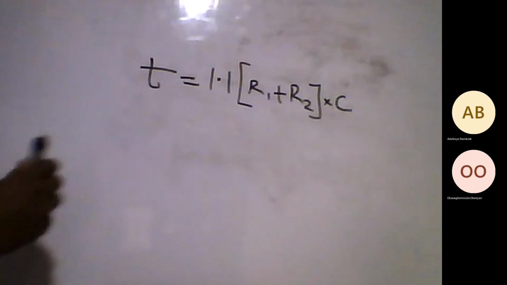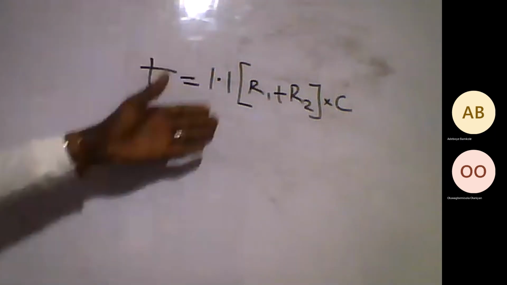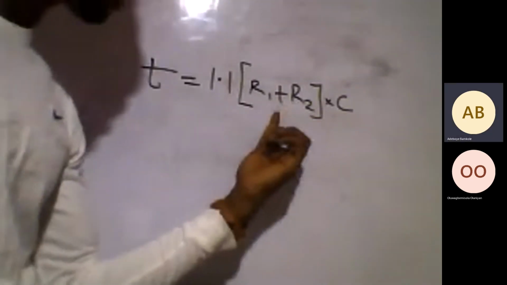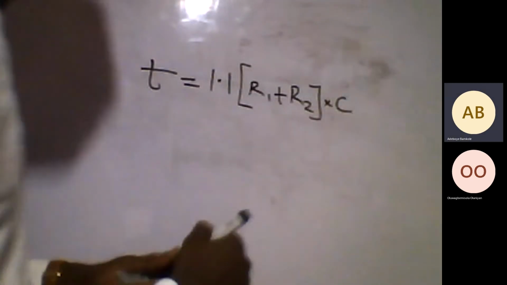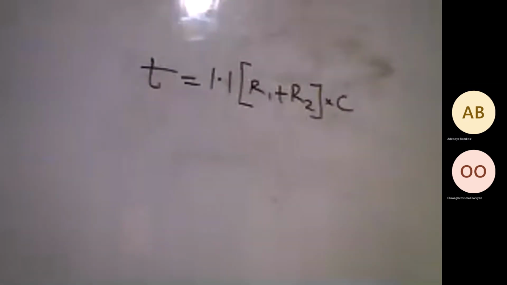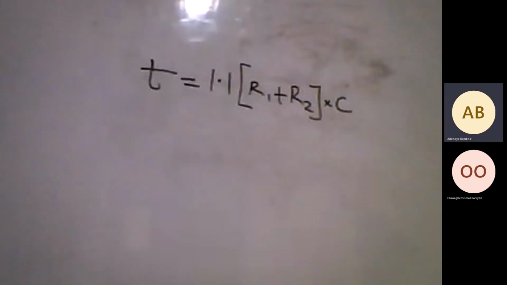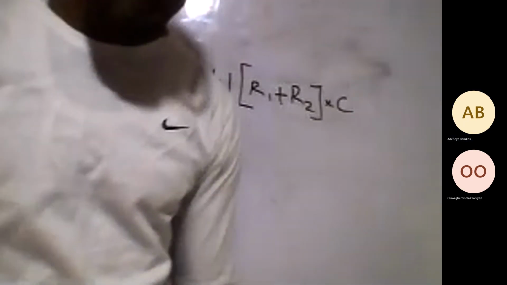Can you see it? Yes, sir. Okay, so this is how you calculate your time. T equals 1.1 times (R1 plus R2) times C. Of course, your unit is going to be in seconds because you're talking of time. So that is for how long or how short it is going to stay in either of the states.